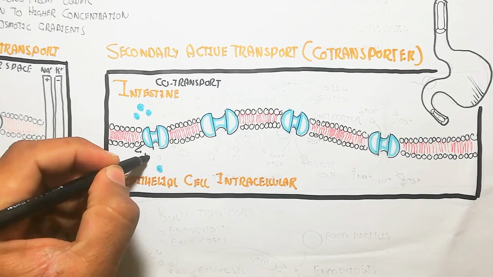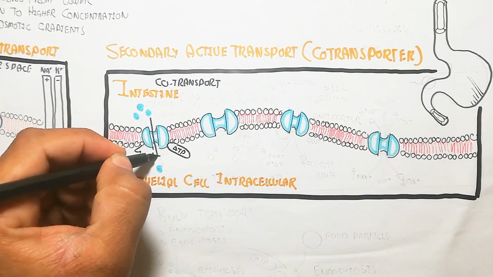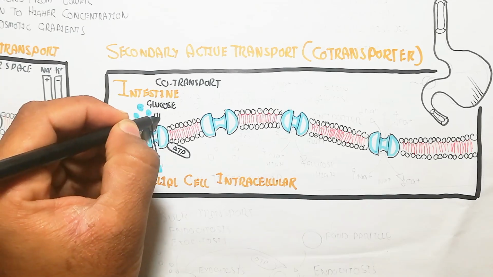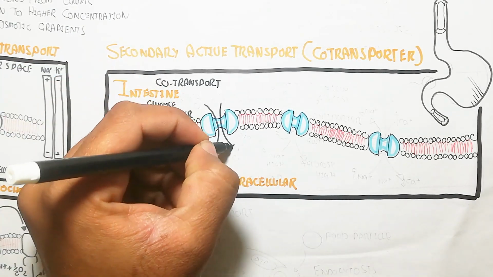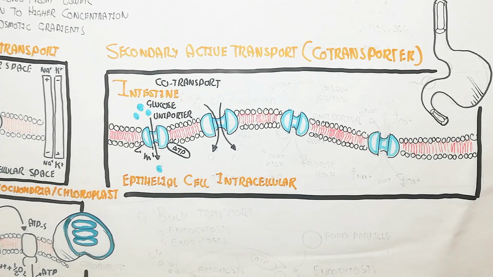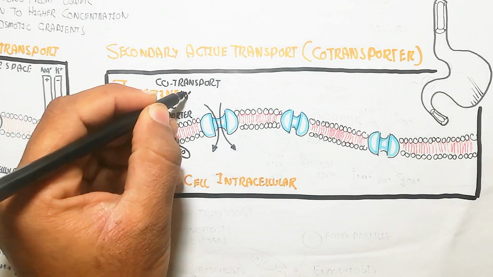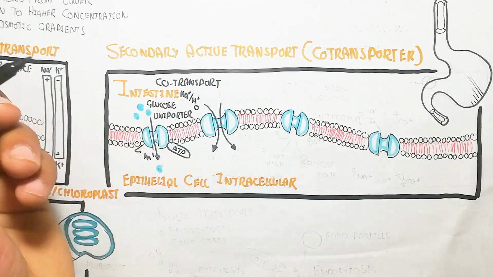In this co-transport, the glucose uniporter channel lets glucose move inside. But glucose requires sodium or proton for symport transport.